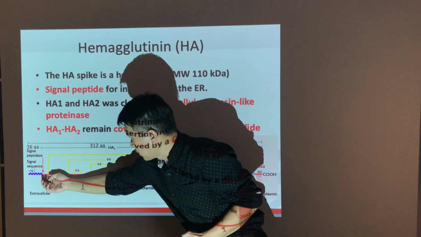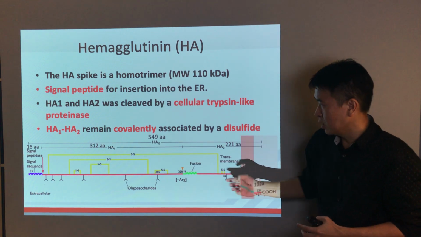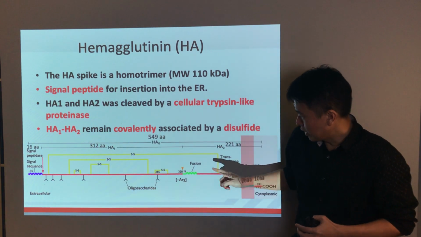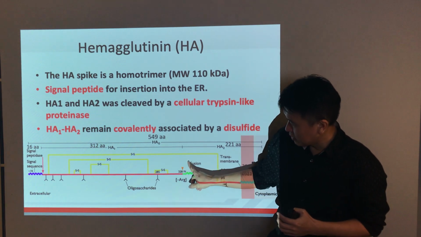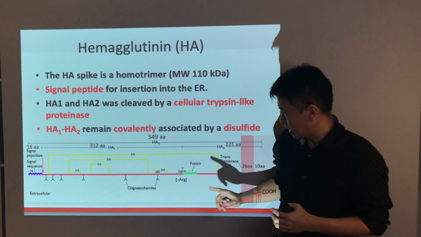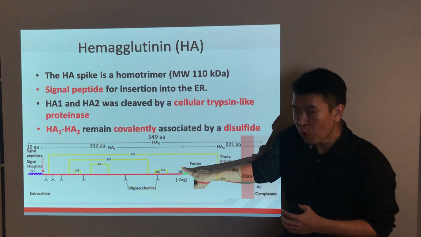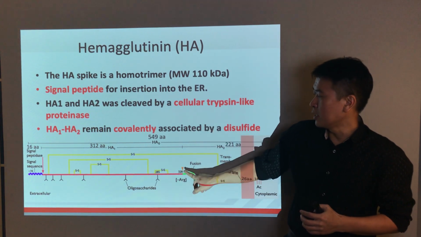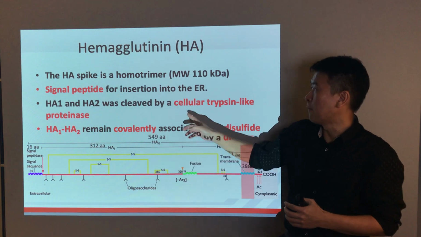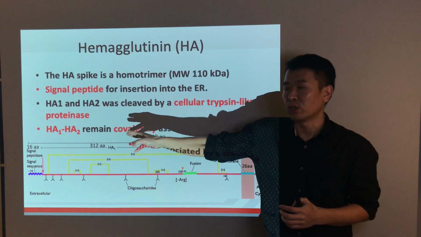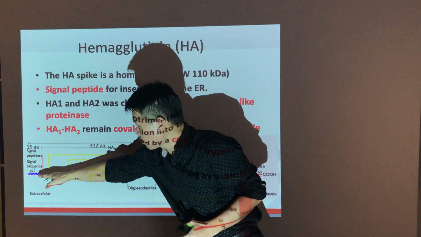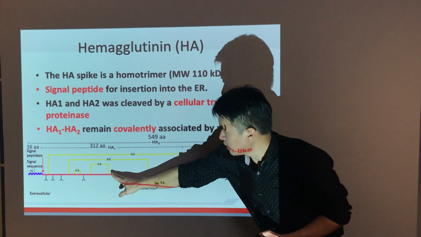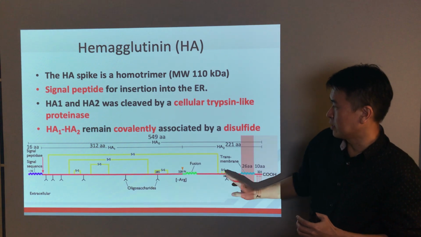What we can see from here is the HA protein, where this is the N terminal and over here is the C terminal. There is a fusion peptide located here. The arrow shows the site where the protein will be cleaved by a cellular trypsin-like proteinase, meaning that this protein will be cleaved into two portions, one here and the other one here.